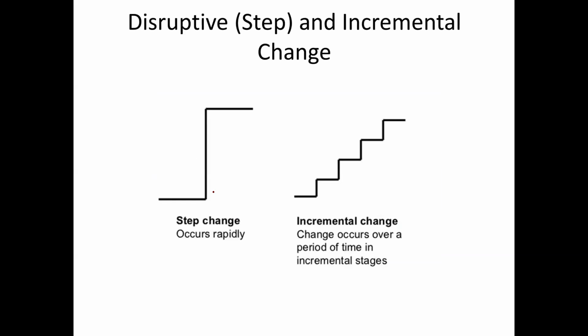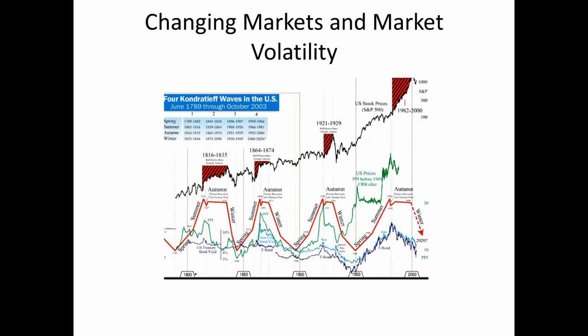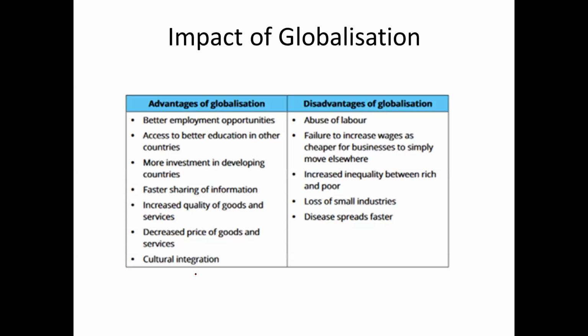And obviously the big bang change is associated, say, with business process re-engineering, and incremental is associated with Plan, Do, Check, Act. So 2 types of change, needs different type of leadership. And we did that in L6M2. Markets can be volatile. Globalization impacts on us, and there's nothing new on that slide.